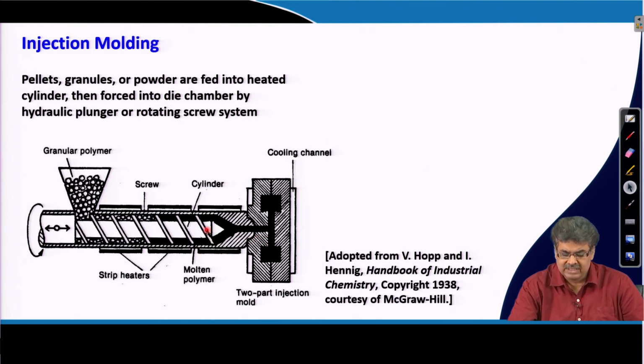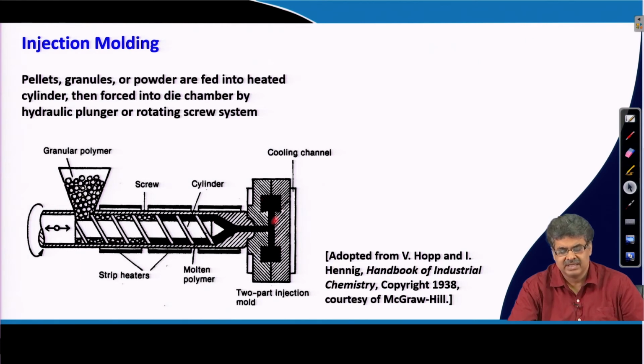And once this molten polymer is injected into the cavity, it is cooled so that the shape is frozen, and then it is taken out from this cavity and we get the product.